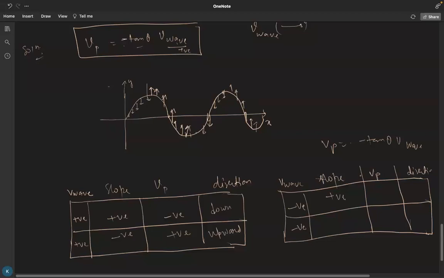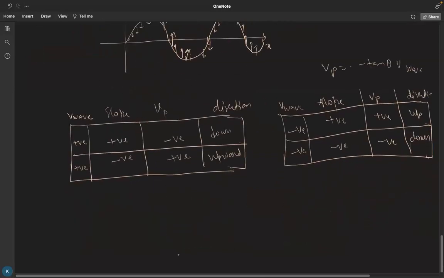One time I'm going to take the slope as positive, so it will be in the positive direction, that is upward. And if I take this slope as negative, this and this make positive, but there is another negative sign as a prefix here, so it will overall be negative and it is down, right?